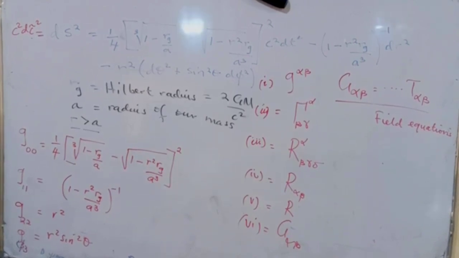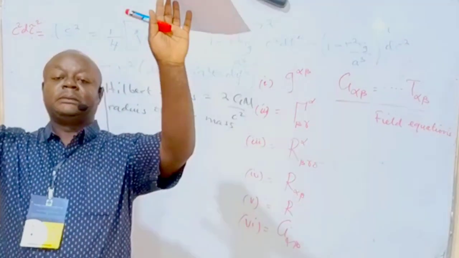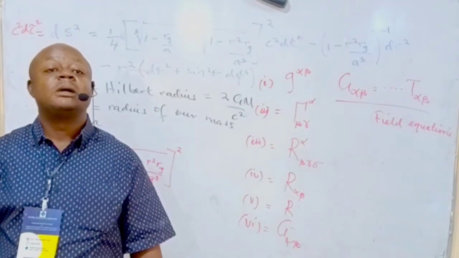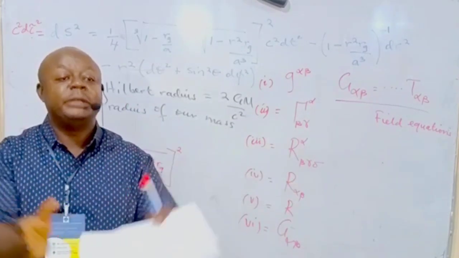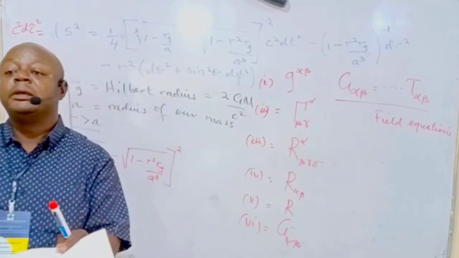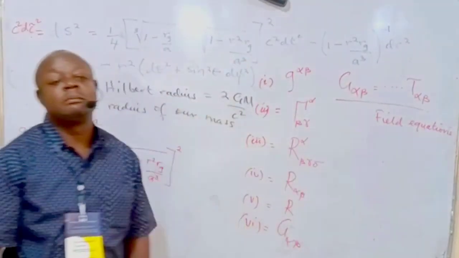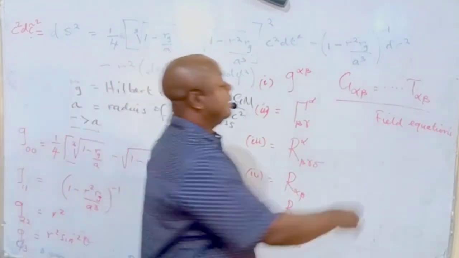There are two things that can happen when we get our field equations. The first thing we can decide to do is to assume that our star is placed in empty space, and the only thing contributing to gravity is the mass within the star. Then the right-hand side will be 0.